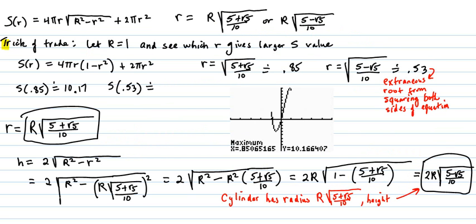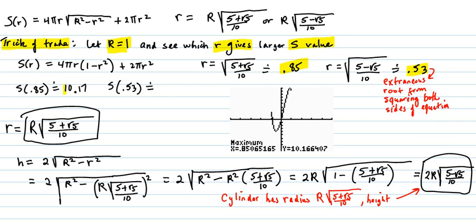We use a trick of the calculus trade. Just let R equal 1. Because these dimensions are supposed to solve for any sphere, so just let R equal 1 and just see what happens there. See which r gives the larger S value. Okay, so here's your formula. Plug in 0.85 is one of the r's and 0.53 is the other.